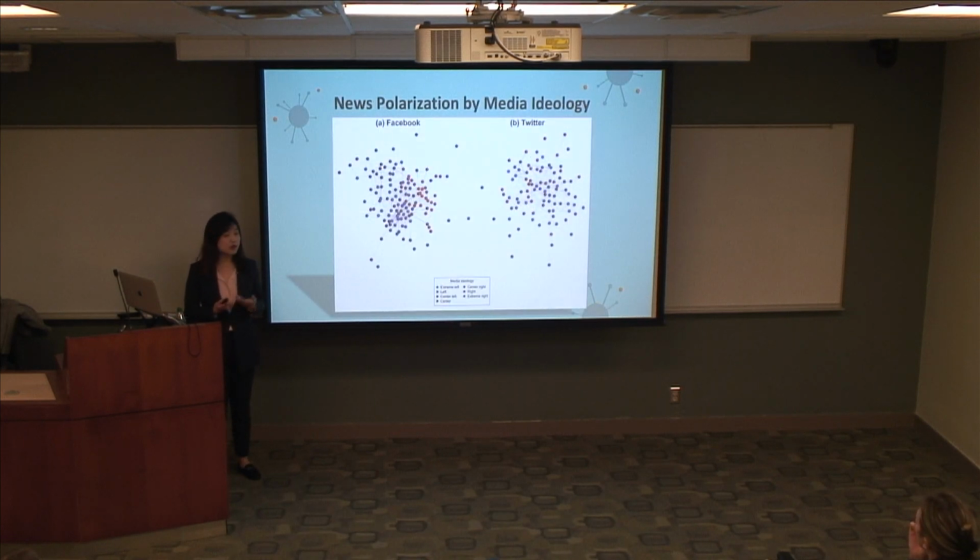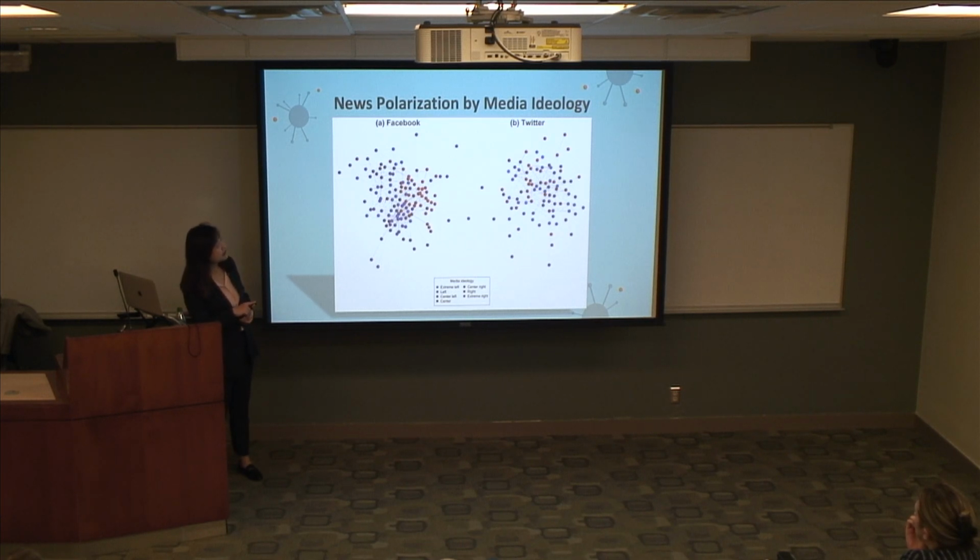Before presenting the quantitative results, I would like to show you how the cultural networks look and their relationships with media ideology and news truthfulness. Here, the nodes represent news media, and the edges represent text similarities. The color here represents media ideology.